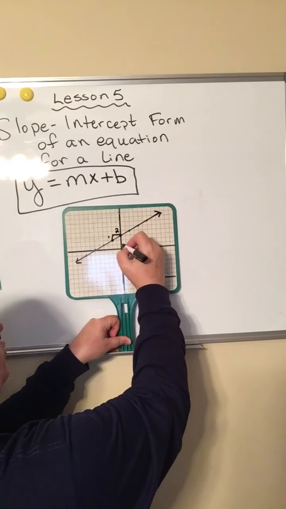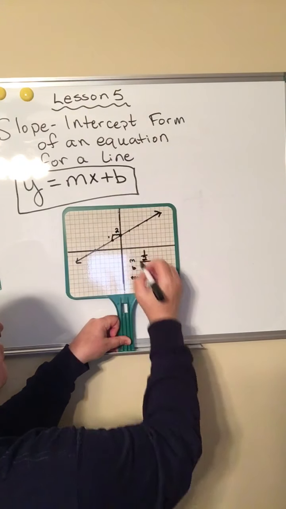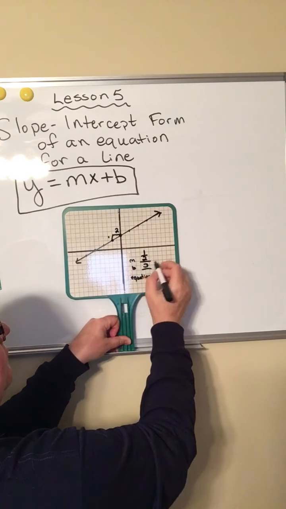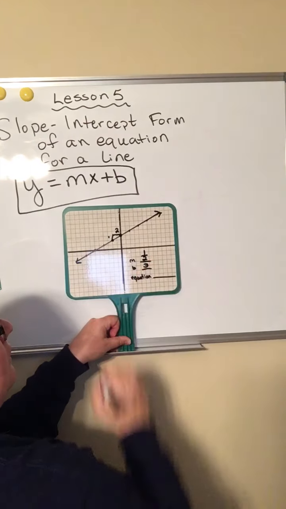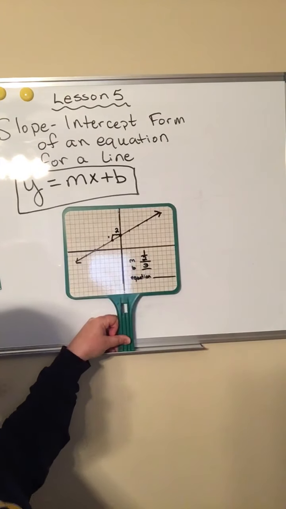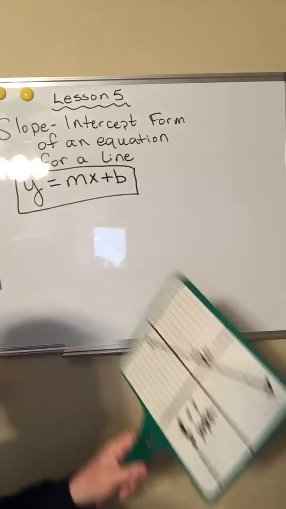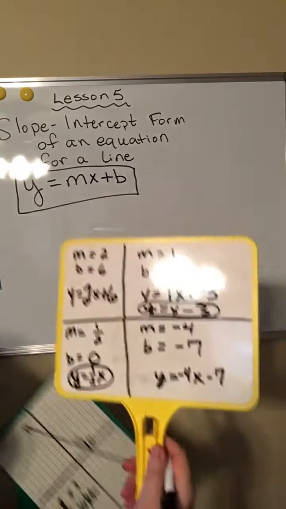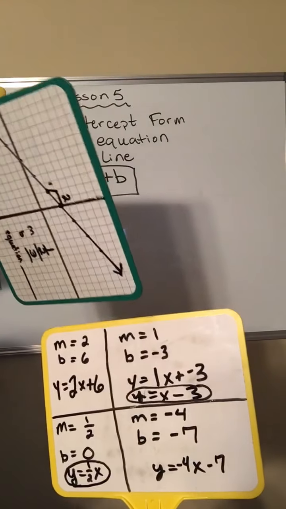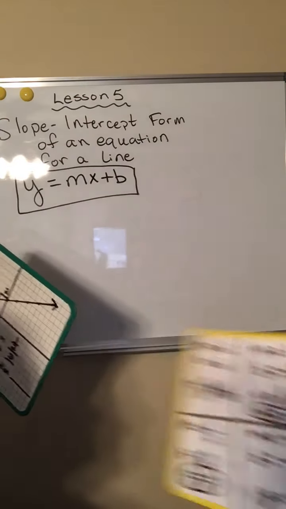And where does it cross? 1, 2, 3. It crosses at a positive 3. Well, now we have exactly what we had on these last ones, where we're given the slope and the y-intercept, then we just can make the equation.